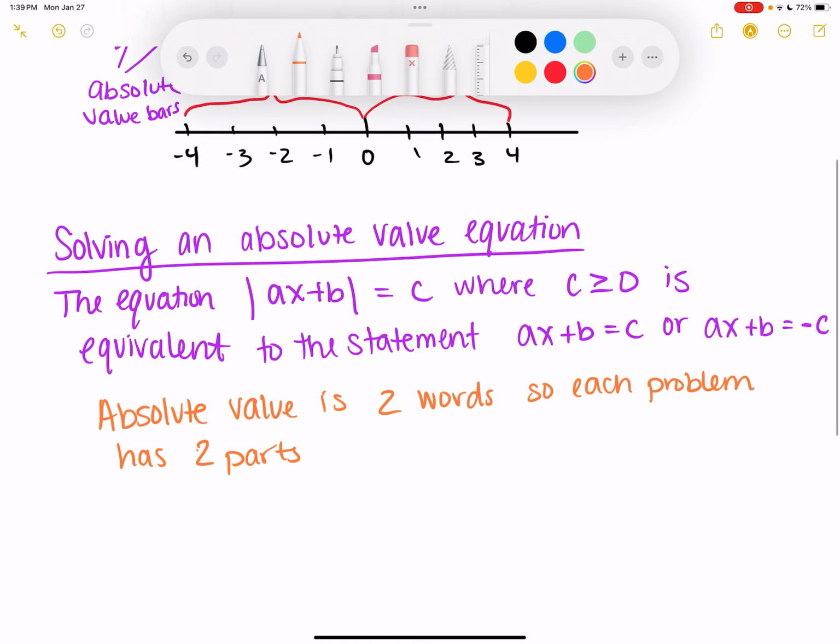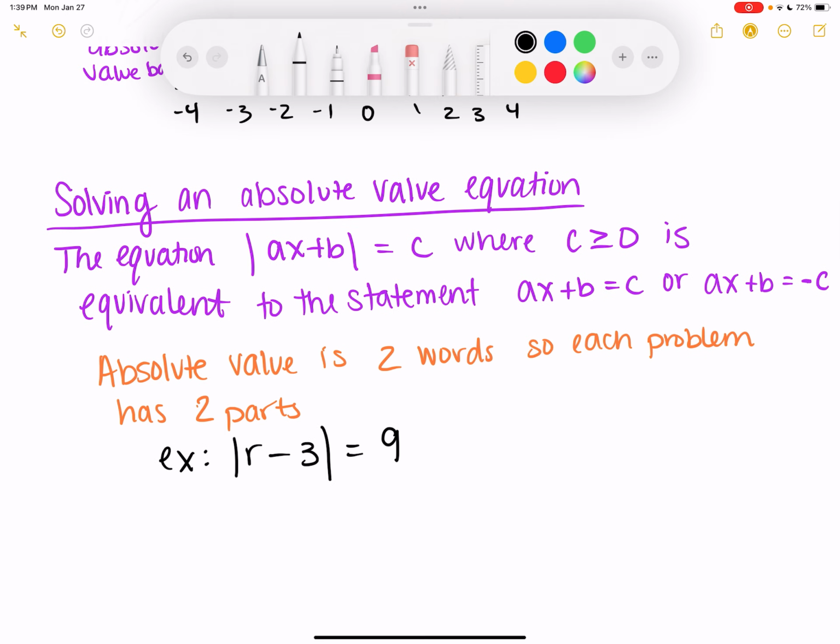As a little example, just for a visual for you, if I have the absolute value of r minus 3 equals 9, I have two different problems. One of them is always copied down exactly, and that will be the exact same thing we do tomorrow. But the other option is where it changes. So our first problem is r minus 3 equals 9.